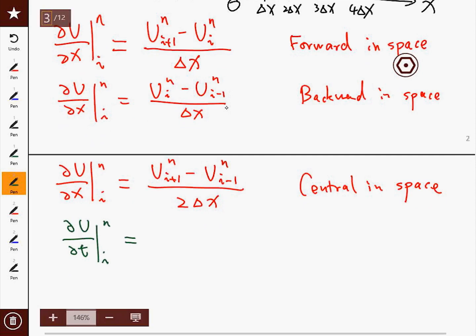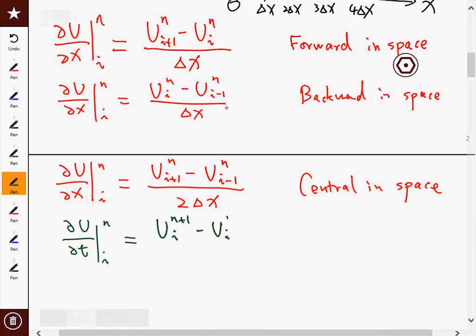We can approximate it as u of i, n plus 1 minus u of i, n divided by delta t. And that corresponds to forward Euler, the scheme we used in ODEs. We are going to see later on what other schemes we can use.